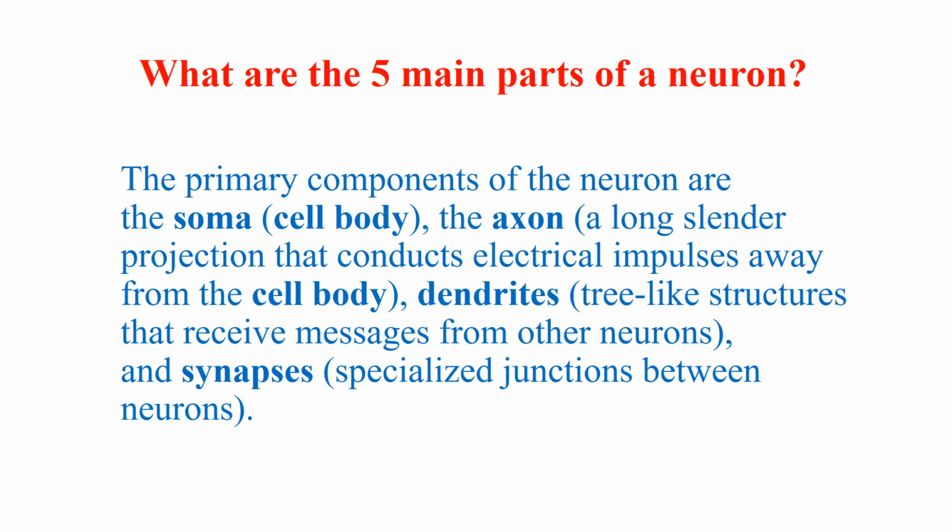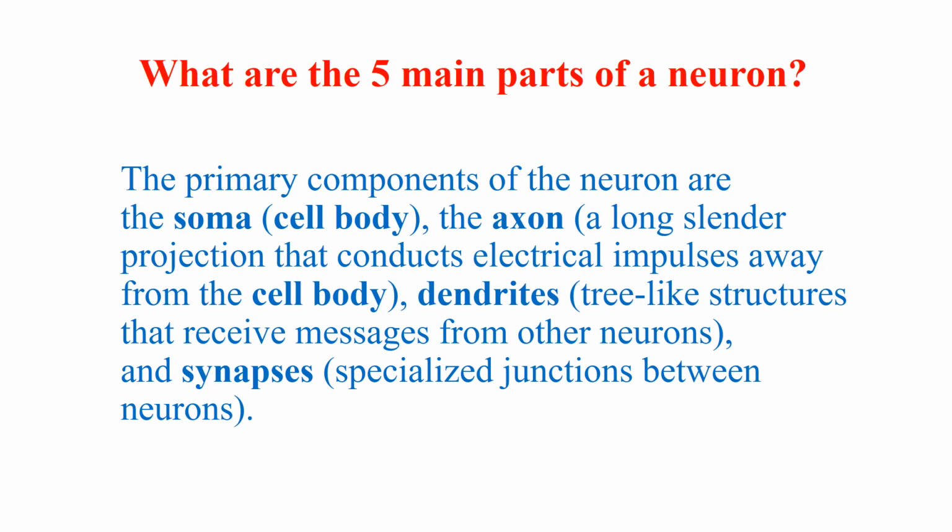As you have seen in the previous slide, there are several components of the nerve cell or the neurons. The primary components of the neurons are the cell body, which is called soma, then the axon, which is a long cylinder projection that conducts electrical and chemical impulses away from the cell body to the other parts of our nervous system.